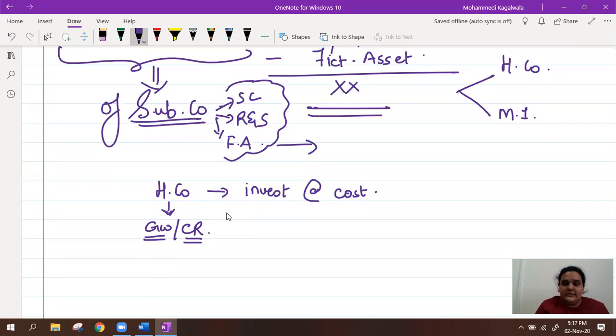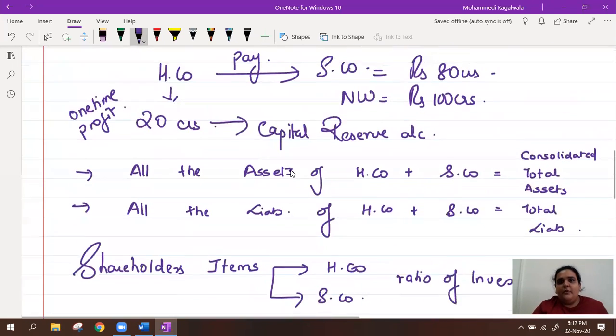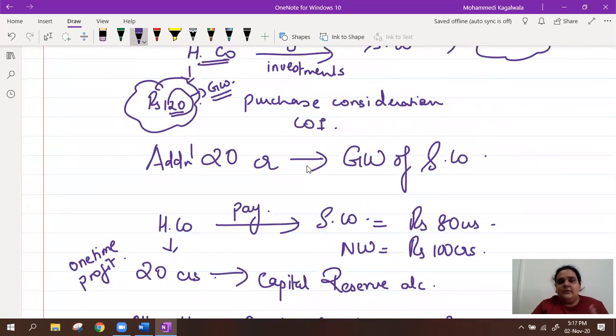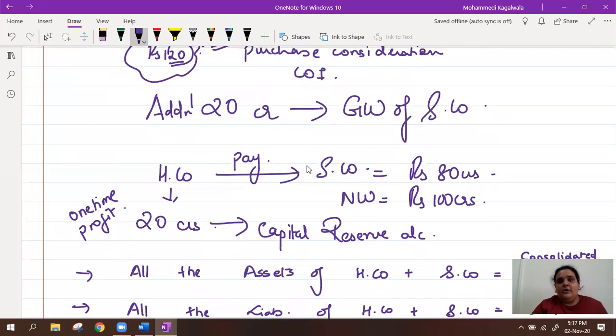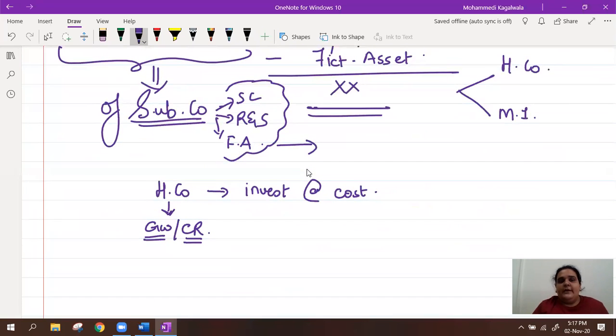In order to ascertain that goodwill and that capital reserve, which I explained to you all with the help of the net worth, in order to ascertain whether goodwill has been paid or capital reserve was gained by the holding company, I have to divide this entire shareholder items between holding and minority interest.